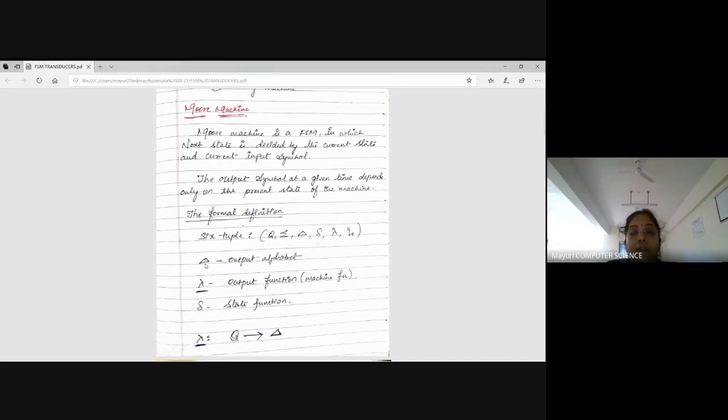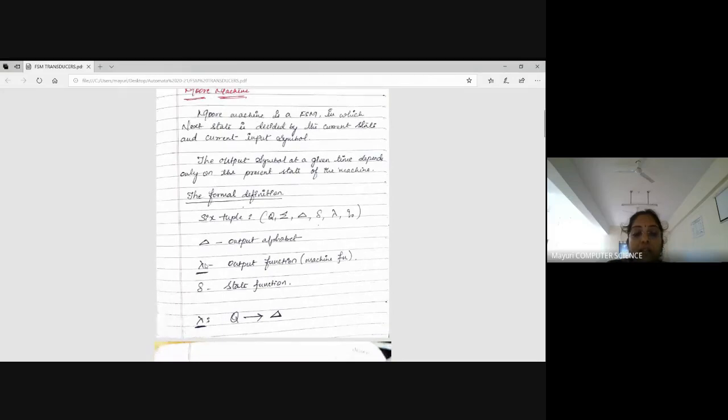As of now we were talking about the transition function, but here the transition function is limited to only a particular state. When you talk about the complete machine, that is called a machine function, that is your lambda. So lambda is the complete output function of the overall machine, whereas the triangular symbol is the output alphabet on which your output is there.